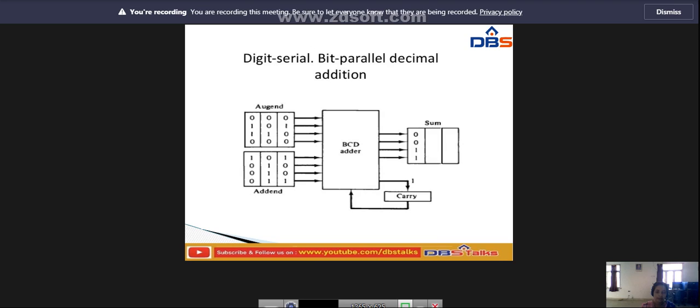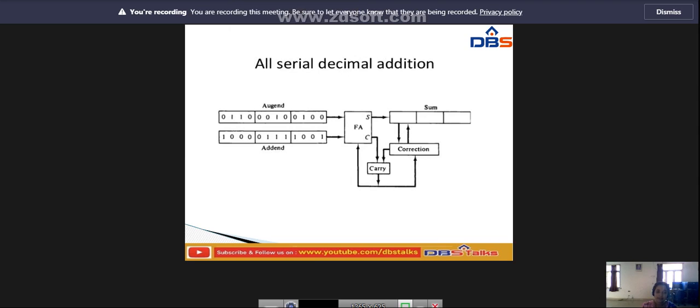These are the 4 augend bits and 4 addend bits. These are the 4 output lines, and this is the carry. So this is the BCD adder. After performing the sum, the value will be represented here. Okay, this is the working of the digit serial bit parallel decimal addition.